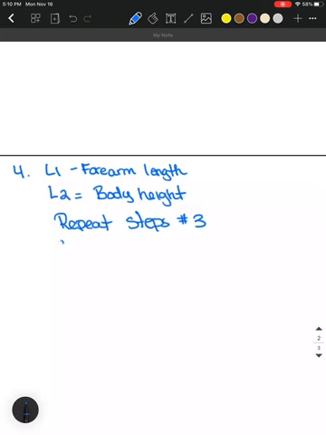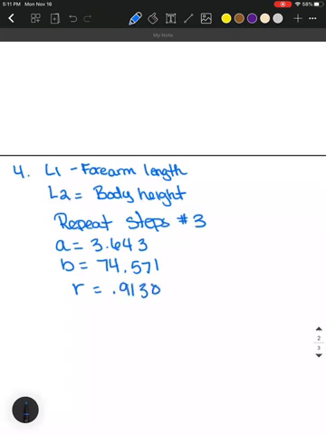And I have my A is 3.643. My B is 74.26, and my R value is 0.9130.